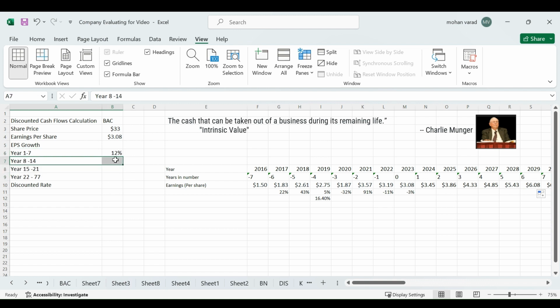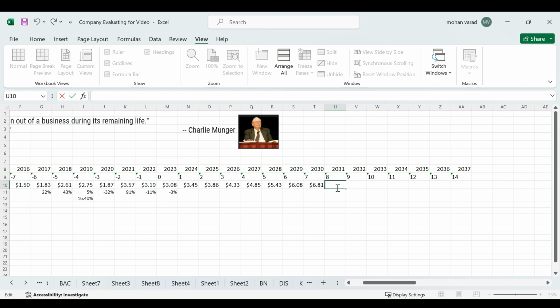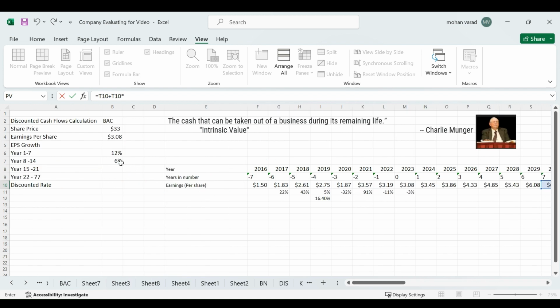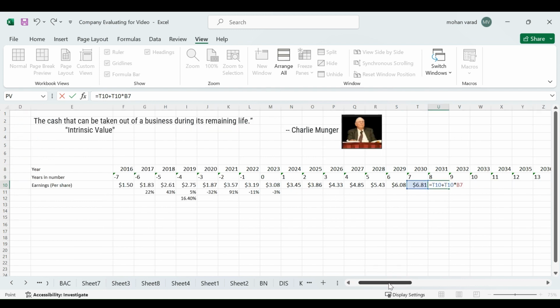But for now, let's just say that in years 8 through 14, earnings per share continue to grow every year, but only by 6% each year, not by 12% like before. Now, this number is equal to T10 plus T10 multiplied by the growth rate, which is 6%.